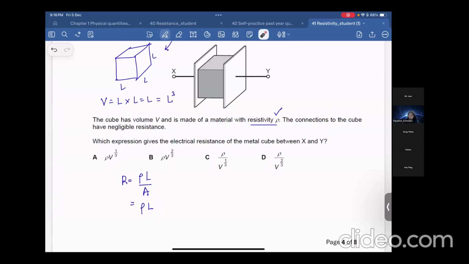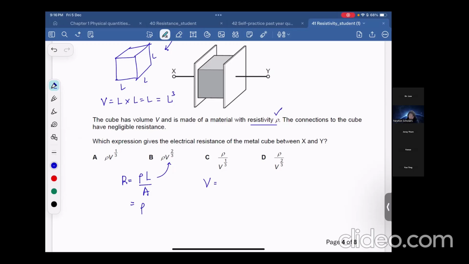So what should we do? You have to think how to express L in terms of V.